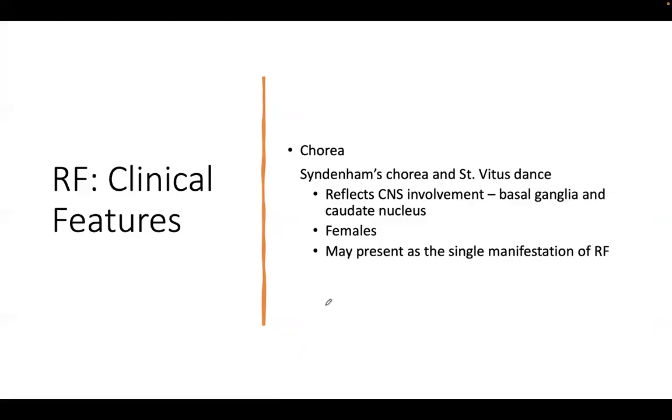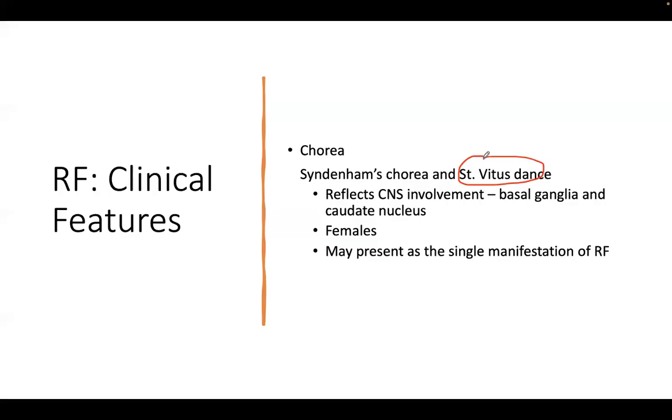Now, what about the neurologic features of rheumatic fever? There's only one, and that is chorea. This chorea is also known, as mentioned earlier, as St. Vitus dance. So how do we differentiate this from Huntington's chorea?